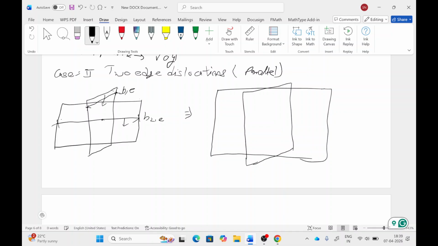These are two planes, and this is the intersection point of these two planes. So dislocation one will be like this.